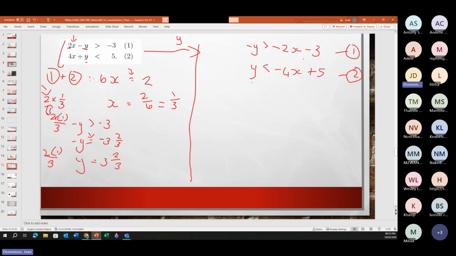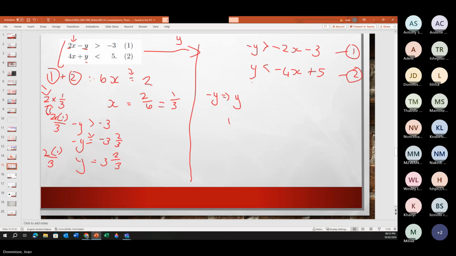Then something that you guys also, I don't know if we've covered that somewhere, but if you've got negative y and you need to change it to y as the subject of the equation, we need to get rid of that negative in front of the y.